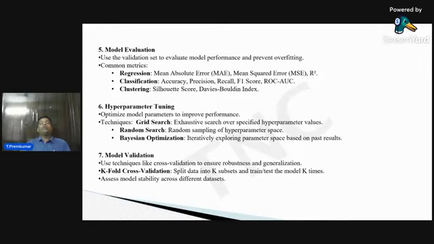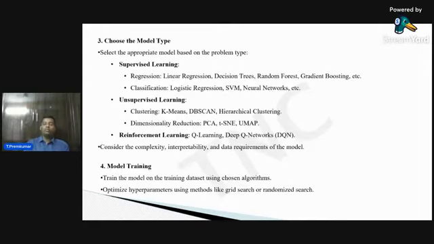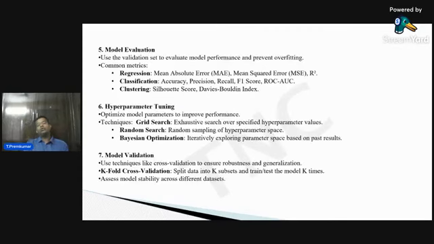And the next one is model evaluation, after what we have discussed previously about the training. Once the training gets over, we go for the evaluation process, to check whether it is working properly or not. For that, we use the validation sets to evaluate the model performance, and we can prevent overfitting.